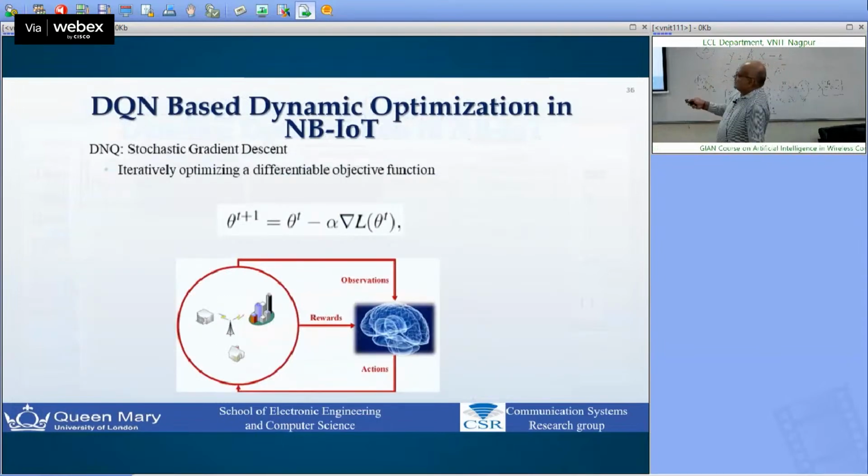This is how the neural network weight is updated using the stochastic gradient descent method: the current vector minus the learning rate times the gradient of the loss function. In this way, the weights of the neural network are updated.